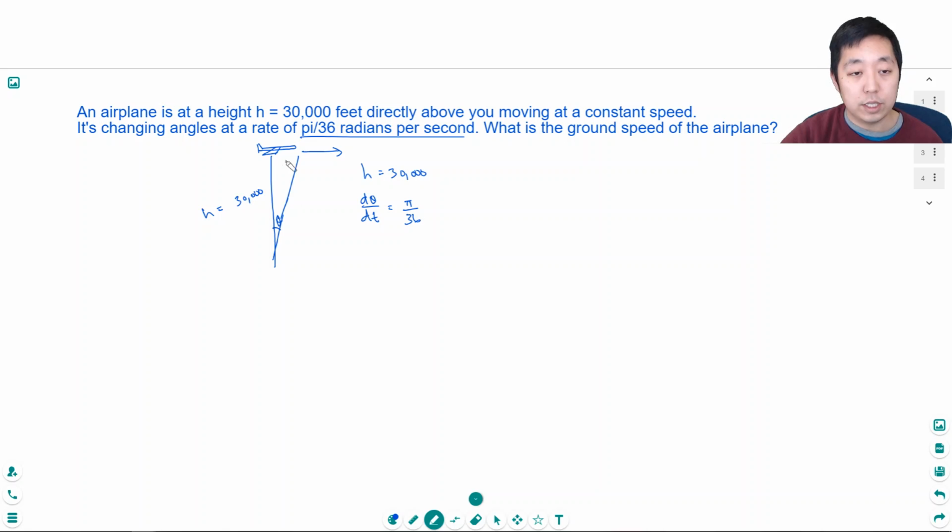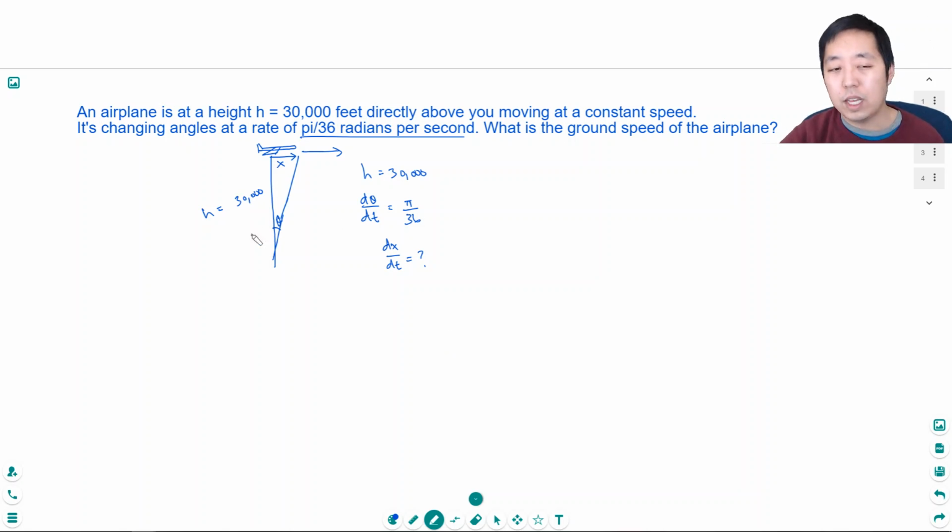So it's increasing at pi over 36, a constant rate. Maybe it's changing at that rate right at that point, but that's fine. And the question is what is the ground speed? Let's talk about how fast it's moving here. We'll call it x. The question is what is dx dt equal to?